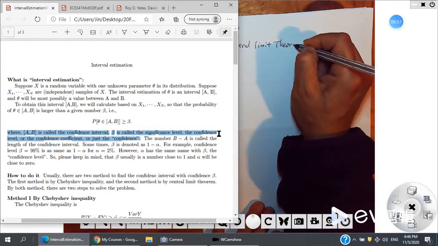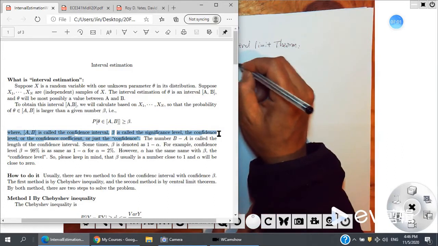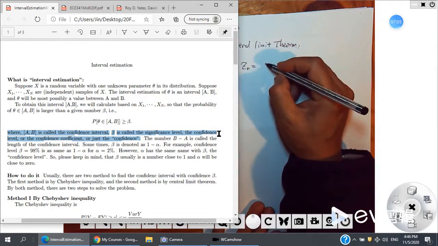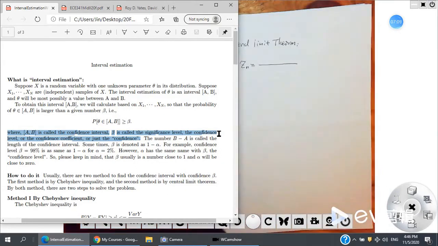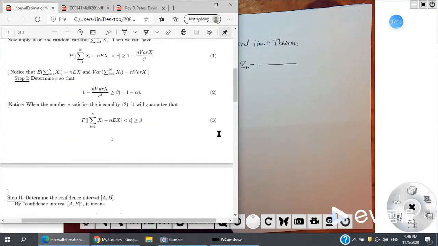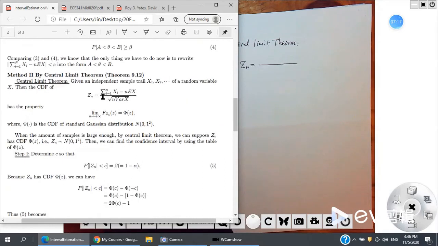Central limit theorem. Let Zn equal to this one. Summation. I can't remember the formula. I put it here. The central limit theorem.